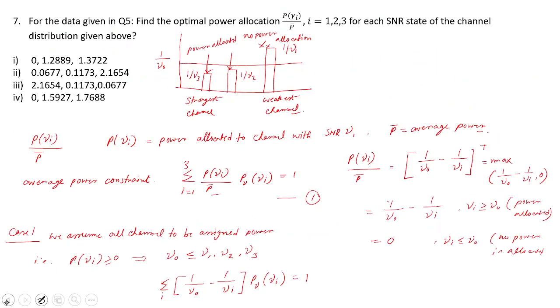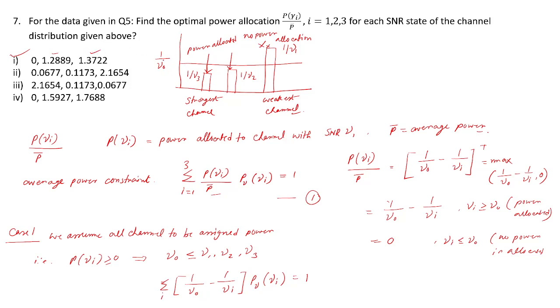Let us check which of the answers matches. Okay, the first one is the correct answer. We assign 0 power to the first stream, the channel with the worst SNR, 1.2889 to the second best channel, and to the best channel we assign 1.37 as the optimal power.